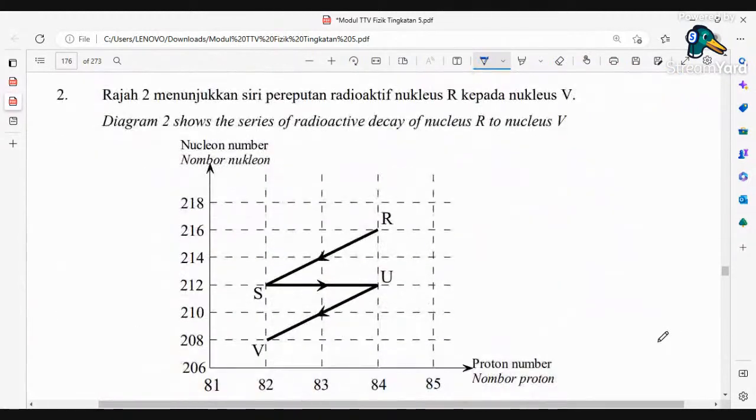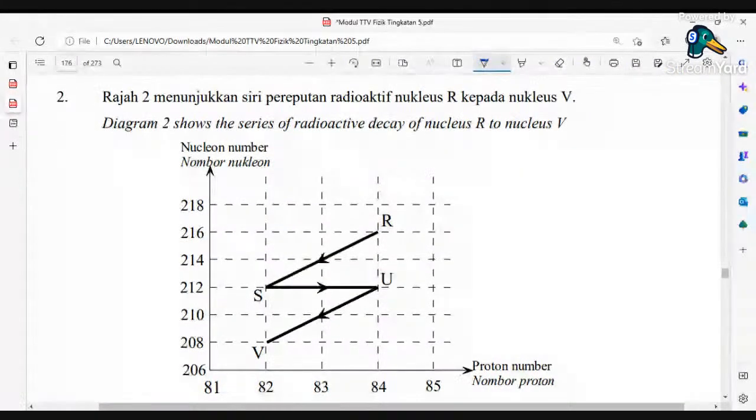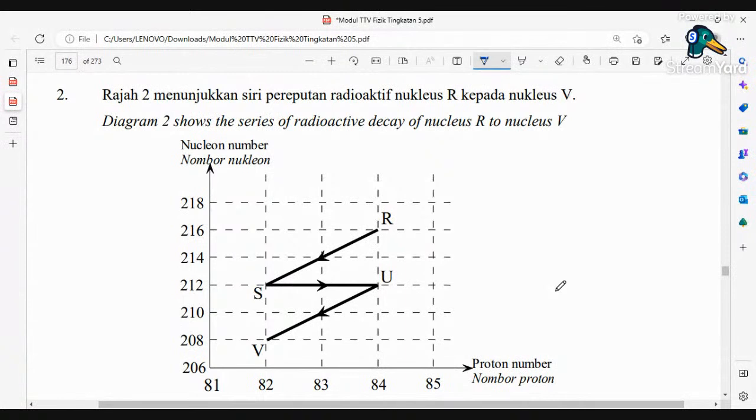Number 2. Diagram 2 shows a series of radioactive decay of nucleus R to nucleus V. From this graph, actually you can read the value of nuclear number and proton number.